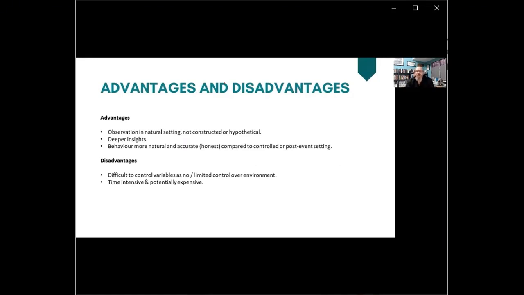When you're in a constructed or a hypothetical setting, people know they're being researched and often adjust their behavior according to what they think you want.